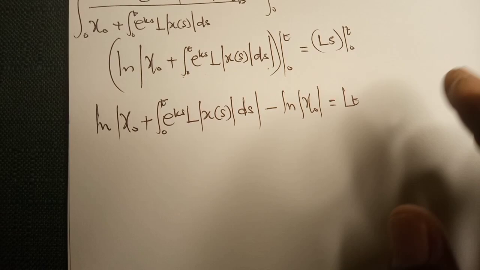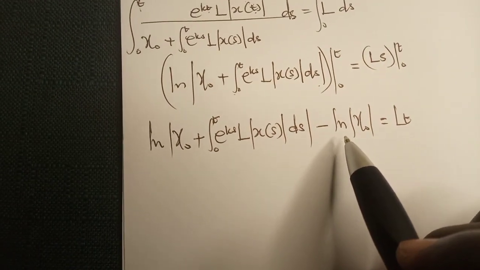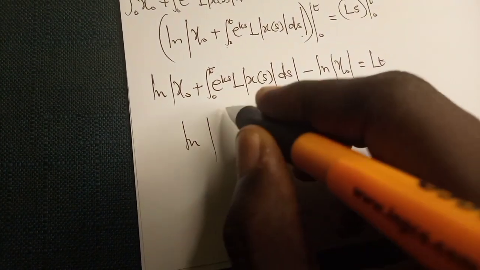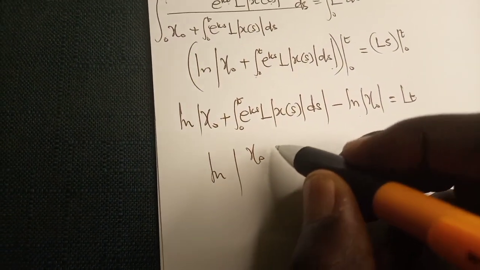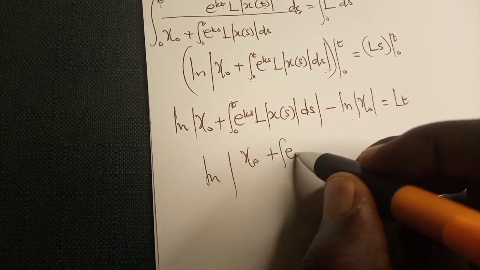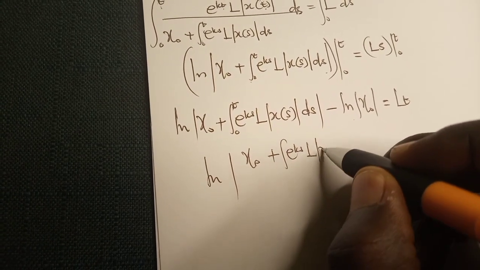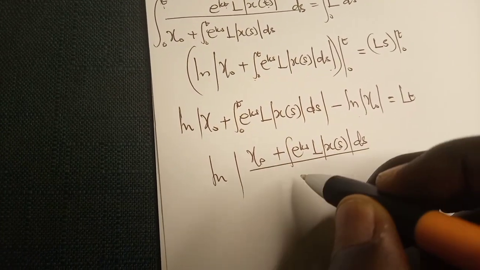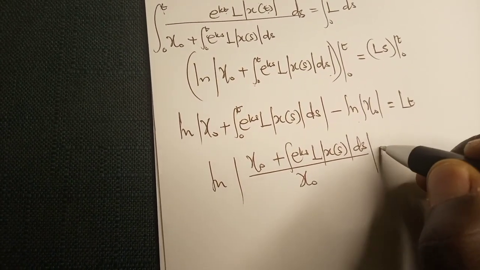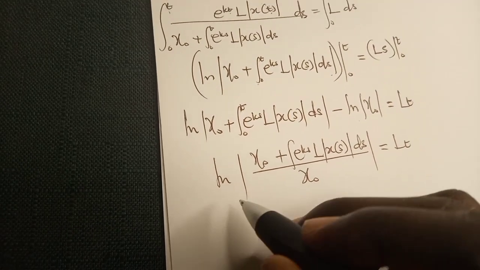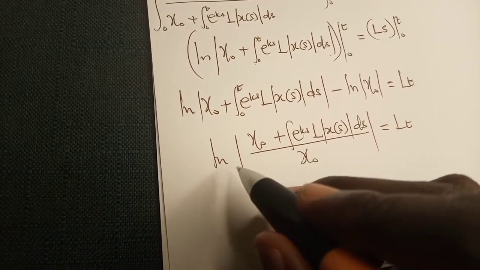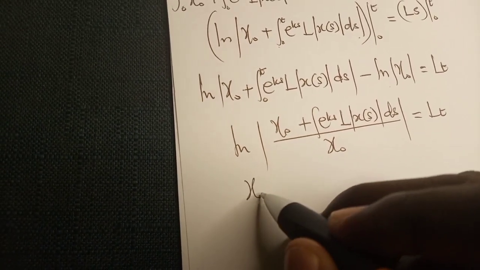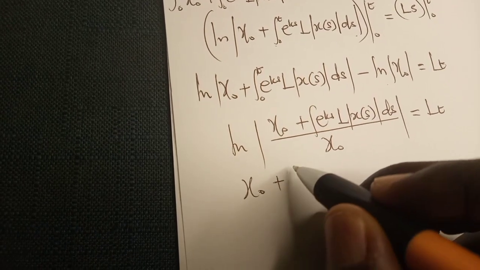Then we apply the logarithm rule, so we have the division: the ln of x naught plus the integral of e exponent ks l x of s ds, all over x naught, equals lt.